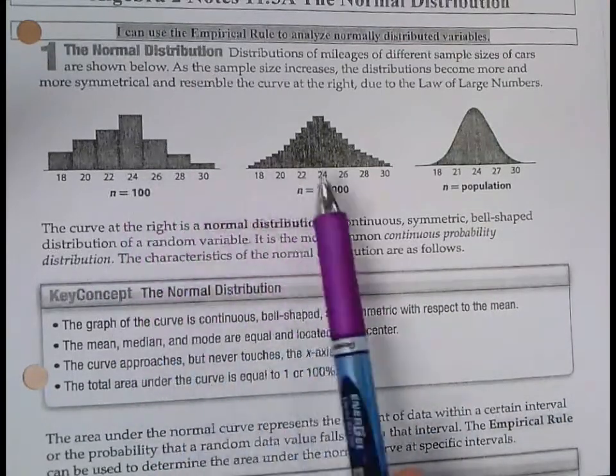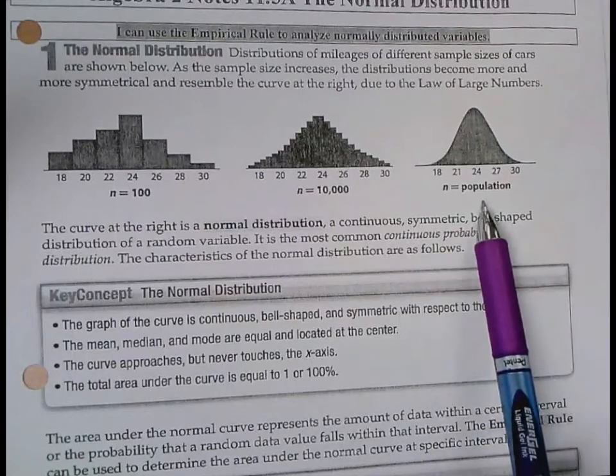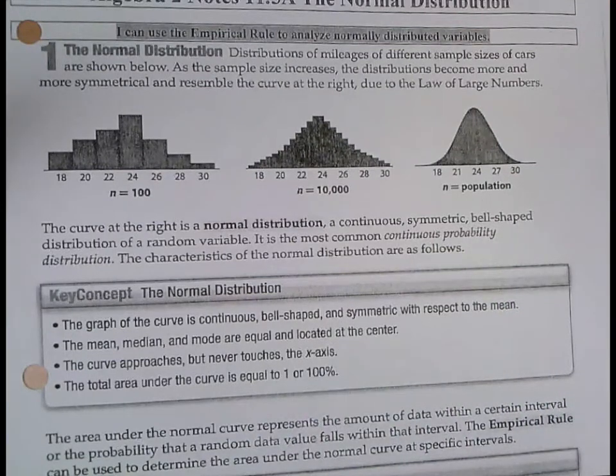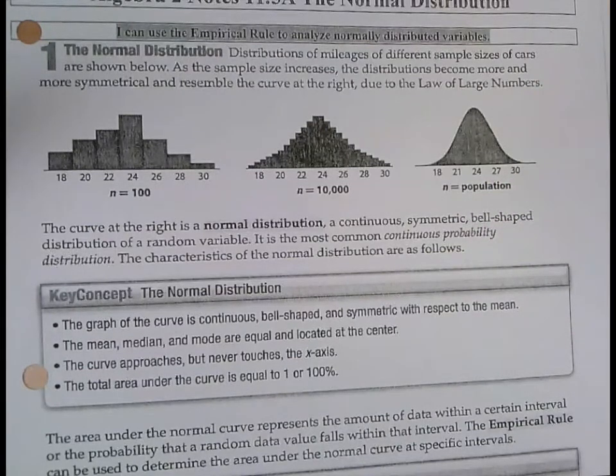So notice as the sample size increases, the distributions become more and more symmetric, and therefore they resemble the curve at the right due to the law of large numbers. So that says as you increase your sample size, you will have a symmetric, normally distributed set of data.